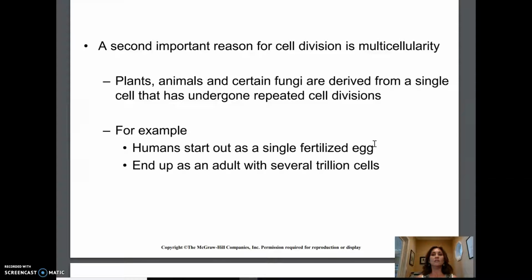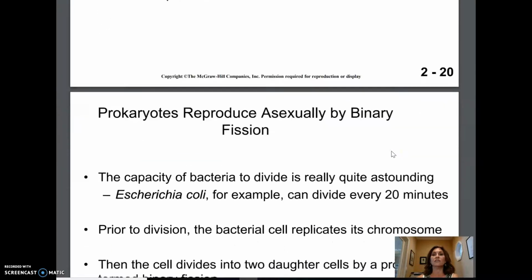Additional rounds of cell division increase the number of cells in a multicellular organism, plants and fungi as well. Humans, and all animals, start out as a single fertilized egg, and the adult stage is the consequence of trillions of cell divisions.